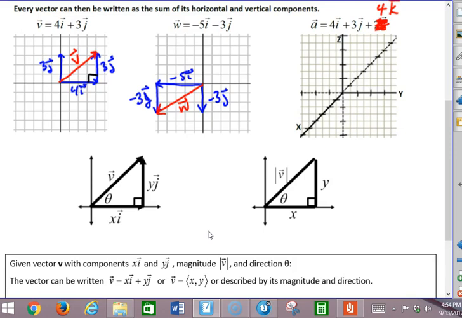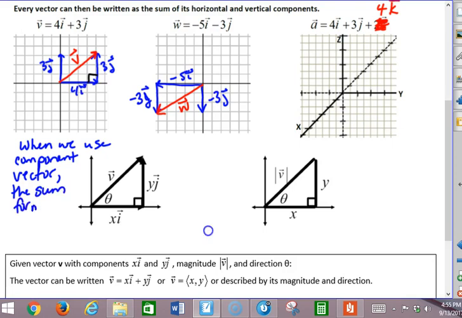So when we use component vectors, the sum forms a right triangle.